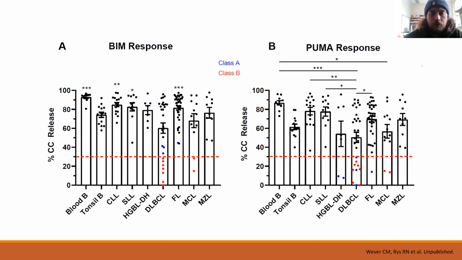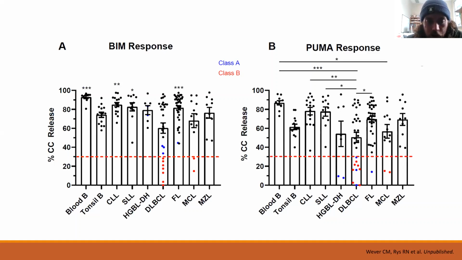So some examples of this type of work is shown here. This is a project in my lab where we essentially profiled 124 non-Hodgkin's lymphoma samples. I won't go through all the details, but what is important is that here we're looking at the BIM and PUMA response, which is what we namely use because they're the most effective sensitizer and initiator to define a class A or B block.